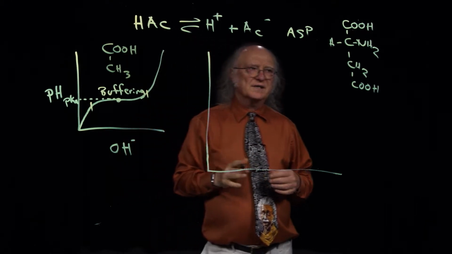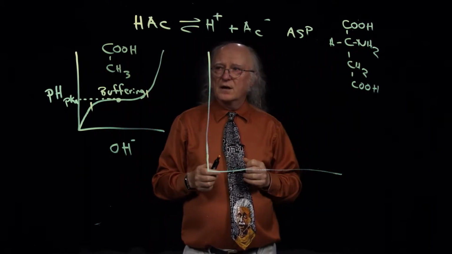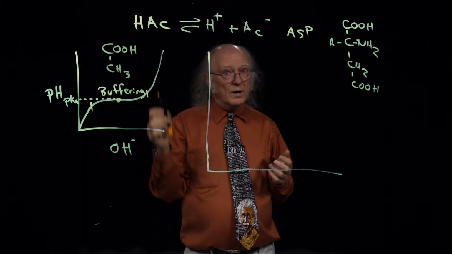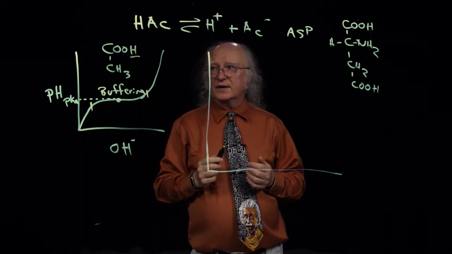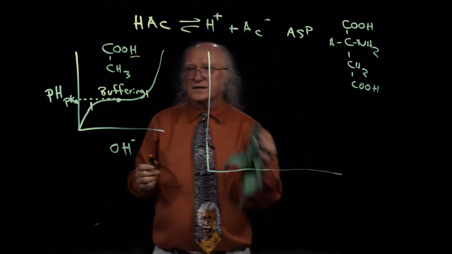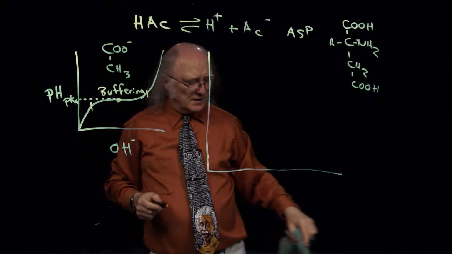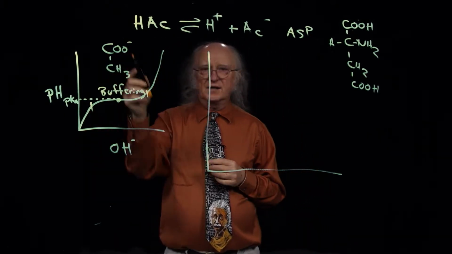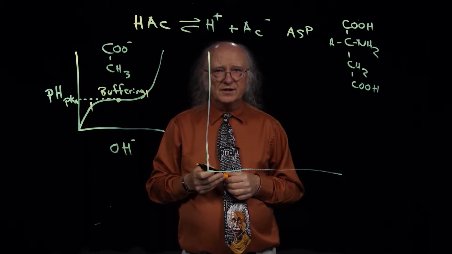Now, first of all, we can see quite a bit of difference. This only has 2 carbons, this has 4 carbons, but more importantly, this has 1 carboxyl group. This is the only part of the molecule that can ionize, that's right there. If it ionizes, that is, it loses its proton, we see that it becomes COO-, and so we have 2 choices, COOH, which is the acid, COO-, which is the salt.